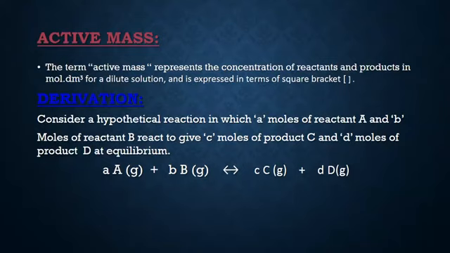Consider a hypothetical reaction in which a moles of reactant A and b moles of reactant B react to give c moles of product C and d moles of product D at equilibrium.